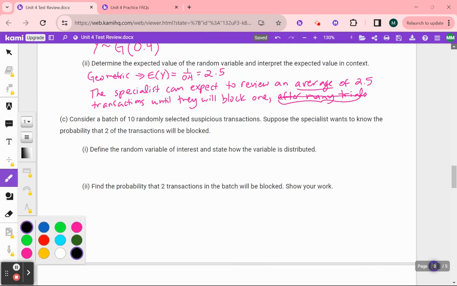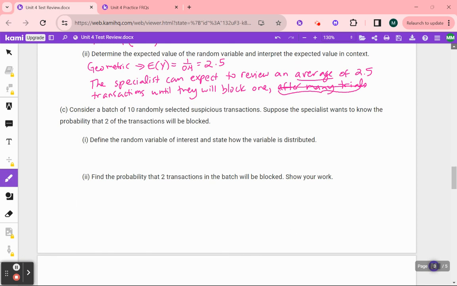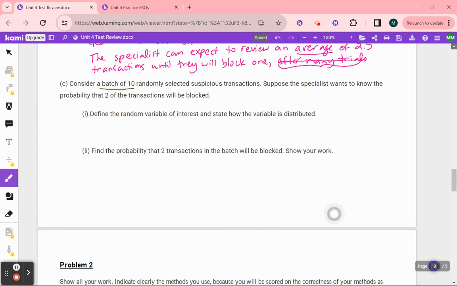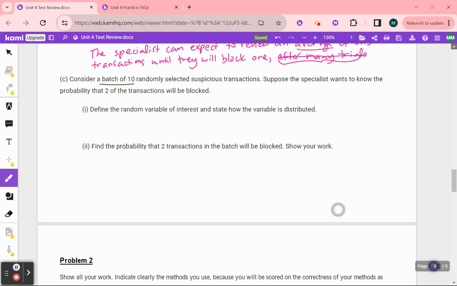Part C. Consider a batch of 10 randomly selected suspicious transactions, and suppose the specialist wants to know the probability that 2 of the transactions will be blocked. So this is going to be a binomial random variable, because I have binary outcomes. You could either be blocked or not blocked.